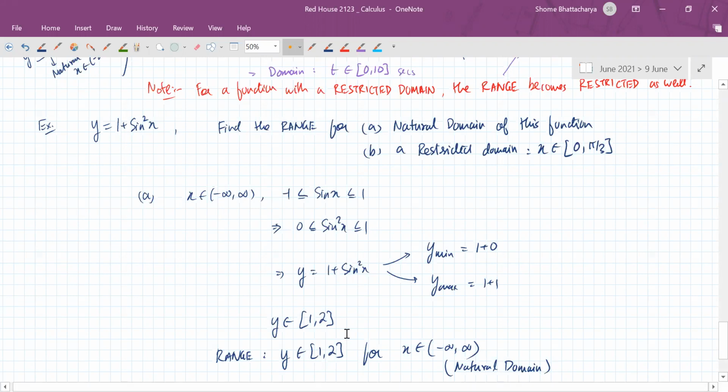It's like mod z's whole square. So what is the minimum value of mod z? It's 0, because z is going between -1 and 1. Understood? It's the same thing: if x was going between -1 and 1, then x square is going only between 0 and 1. So like that, if sine x is between -1 and 1, sine square x is only going between 0 and 1. Understood. Yeah.